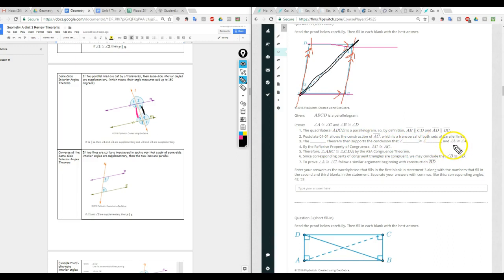And our clue here is that angle 3 is congruent to angle 4. So I want to compare what angle 3 is to angle 4. And to me, I'm looking at this, it looks like alternate interior angle theorem for angles 3 and angle 4.